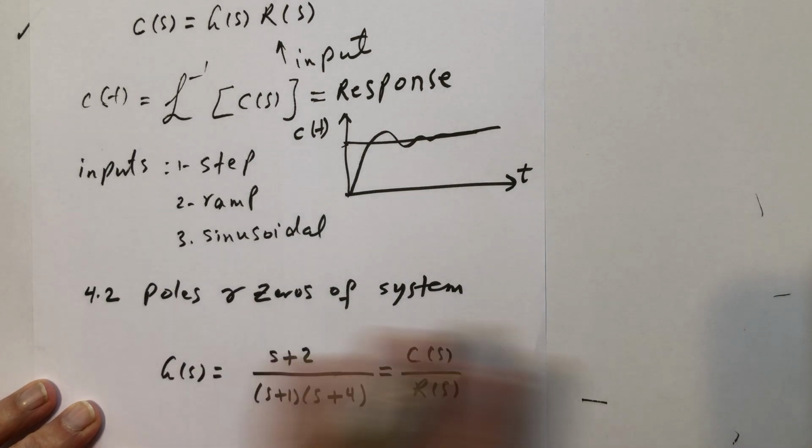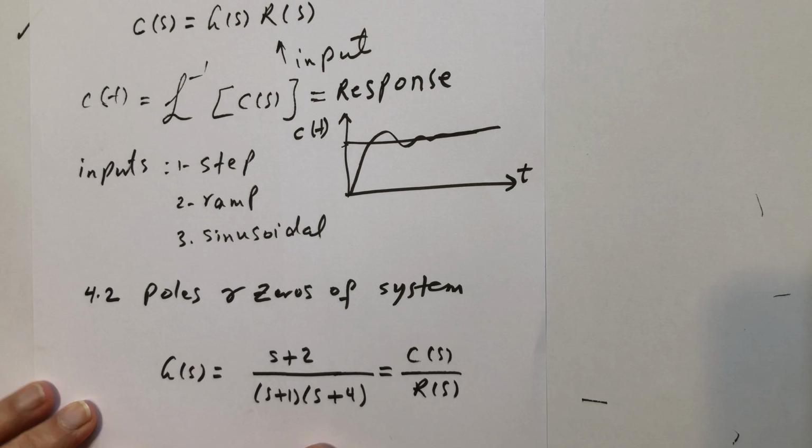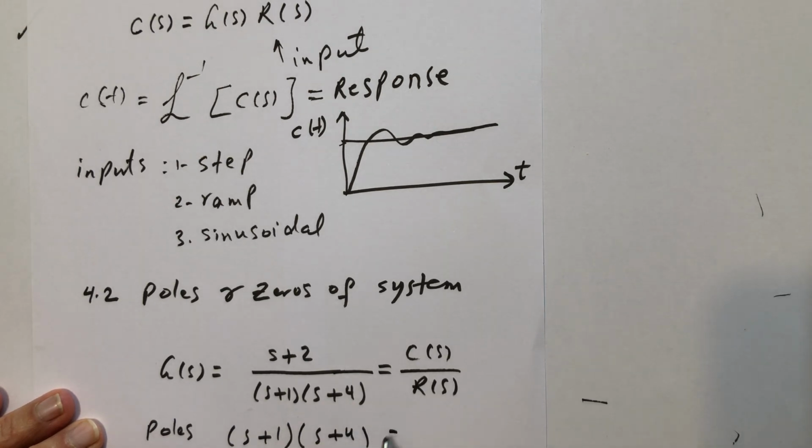Okay? We are not talking now of open loop or closed loop. We'll leave this to later in the chapter. Now, what is the meaning of a pole? The poles come from the denominator. How do we get the poles? We set S plus 1 times S plus 4 equal to 0.